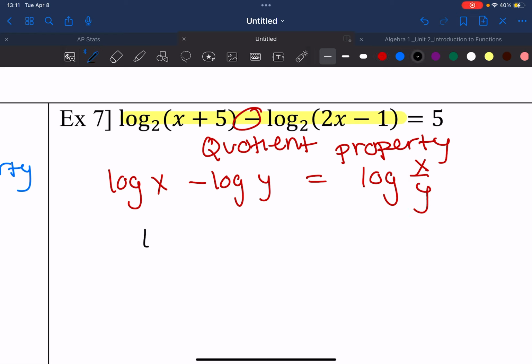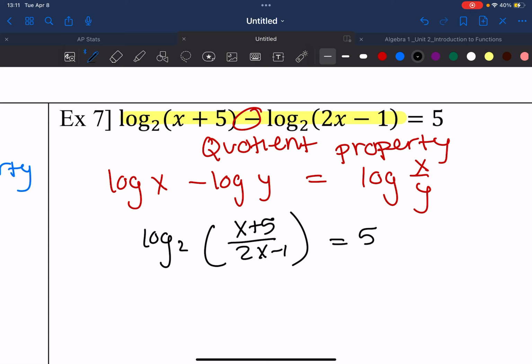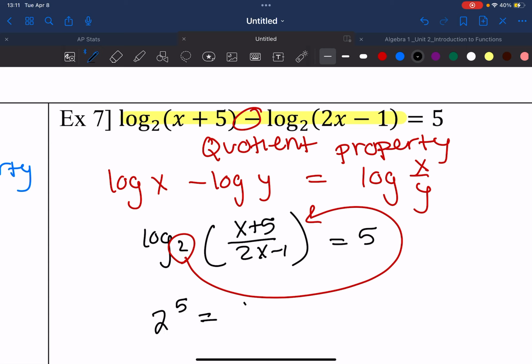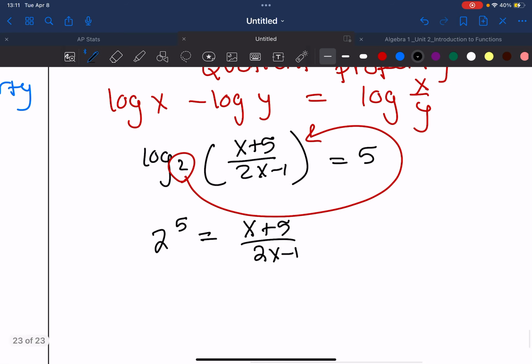So we have log base 2 of x plus 5 divided by 2x minus 1 is equal to 5. I'm going to turn this into exponential by circling the base 2, looping around, and pointing to the parentheses. So this is 2 to the 5th power is equal to x plus 5 divided by 2x minus 1.